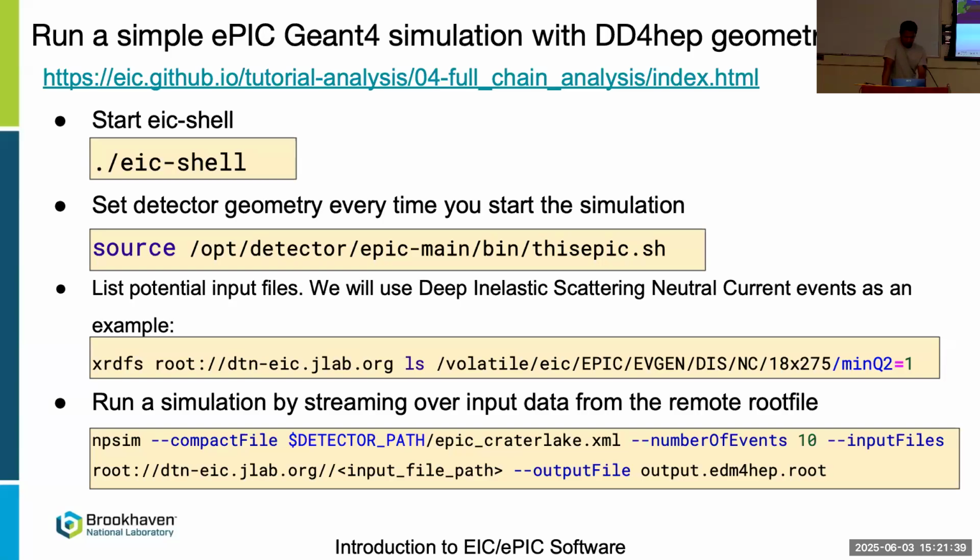Here you see all the different subcomponents. This is the innermost layer, the vertex tracker barrels. Then you have the end caps here, and a bunch of different detector components.